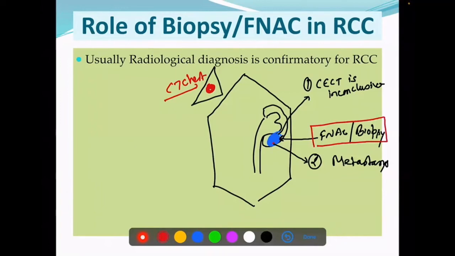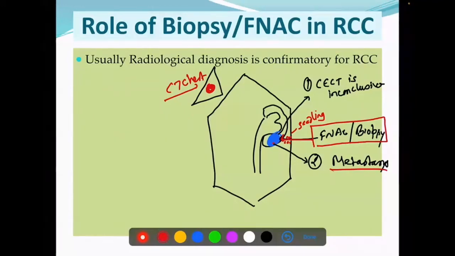When you do a biopsy or FNAC from outside by puncturing the skin, the danger of the puncture is that cancer cells can fall down in this tract and cause cancer. This is known as seeding. So due to fear of seeding, we usually avoid FNAC or biopsy. But if the patient already has a metastasis, then don't fear seeding. Why? Because before giving any chemotherapy or immunotherapy, we should know the type of cancer, like clear cell type, papillary type, chromophobe type, like that.